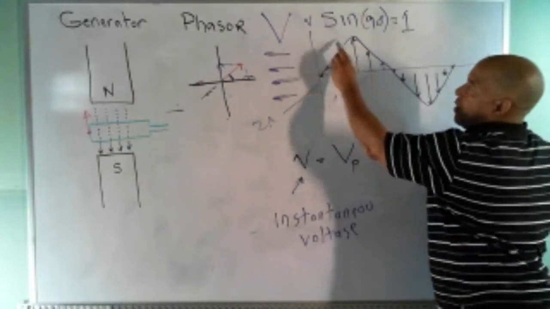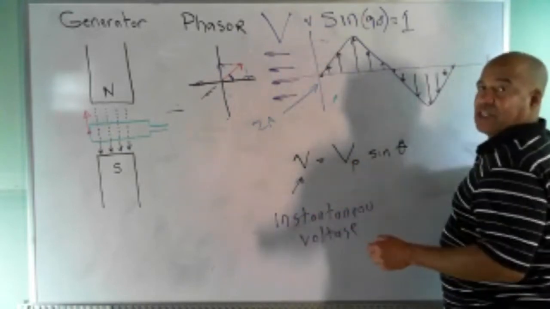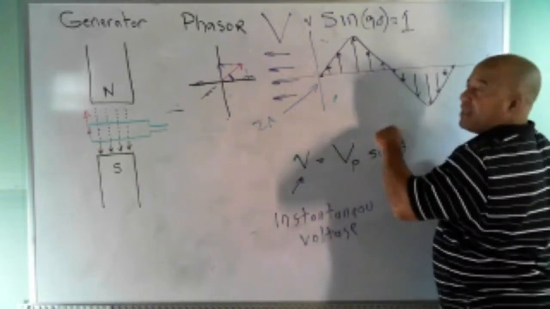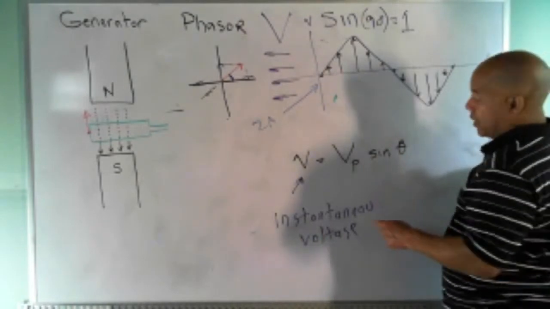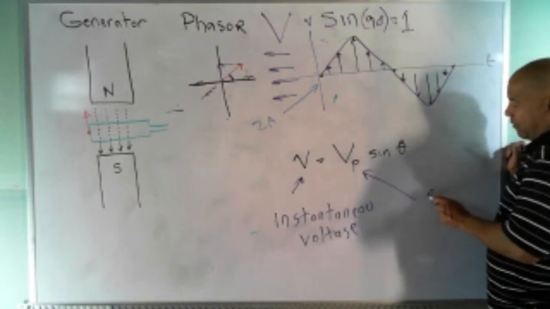Right here, the voltage is some maximum value. So this voltage over here is an instantaneous voltage. You got to tell me at what angle or what time to look at it, and I'll tell you what the voltage is at that particular time or that particular angle. So that's the instantaneous voltage. This is called the peak voltage.